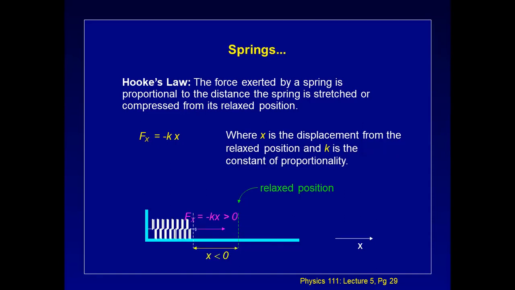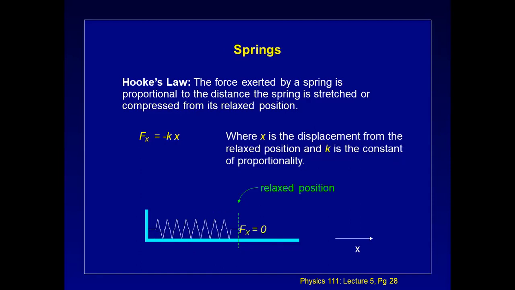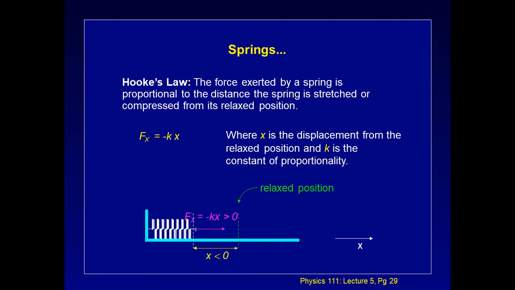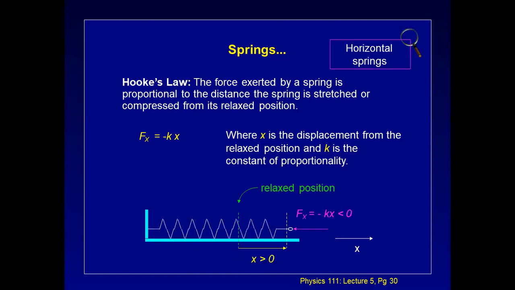As you can see on the diagram, we have the relaxed position of the spring and then the contracted position of the spring, as F of x is equal to negative kx, which is greater than 0. Where x must be what? Lesser than 0. Why? Because it contracted. Your displacement is negative, so it must be lesser than 0.